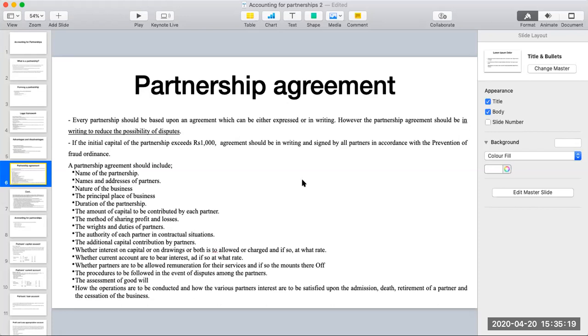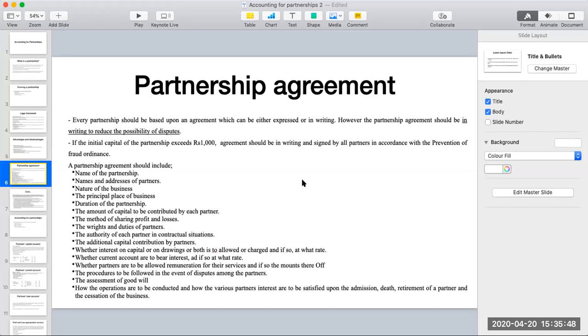The procedures to be followed in the event of disputes. This is why there should be a written agreement. So if there is a dispute among the partners, how is this handled? The assessment of goodwill. How the operations are to be conducted and how the various partners' interests are to be satisfied upon the admission, death, retirement, and the cessation of business.